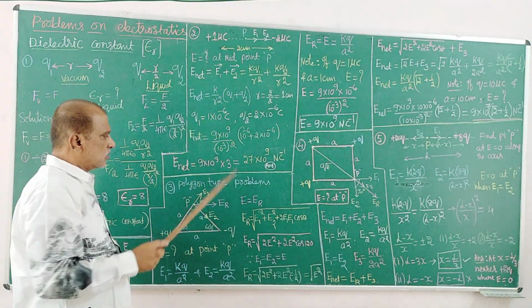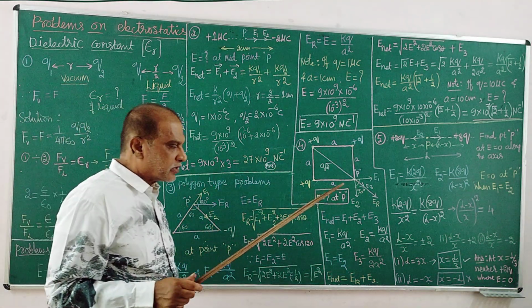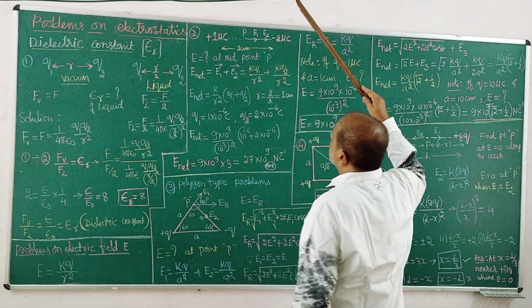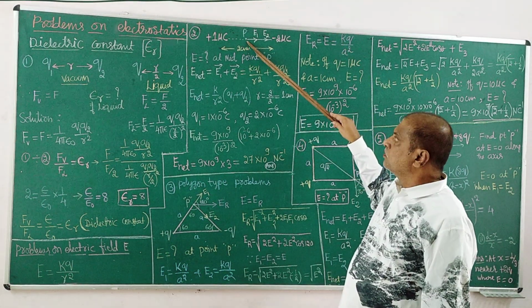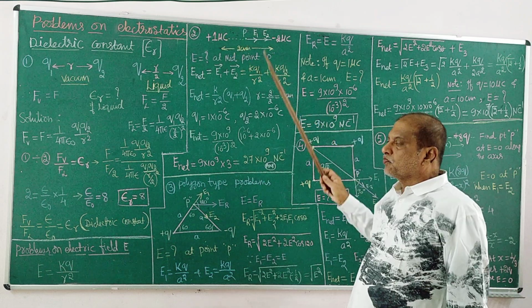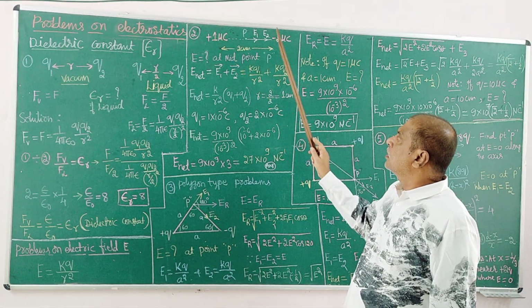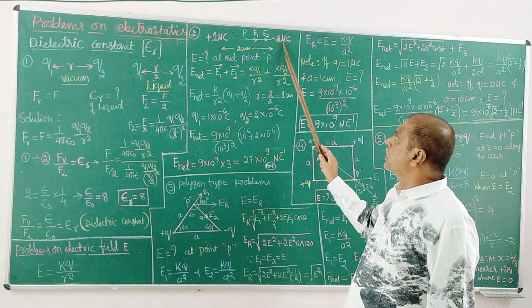Solutions are given here, and I will briefly explain how we arrived at the solutions. I will read the problem. There are two charges in the space, plus 1 microcoulomb and minus 2 microcoulomb.